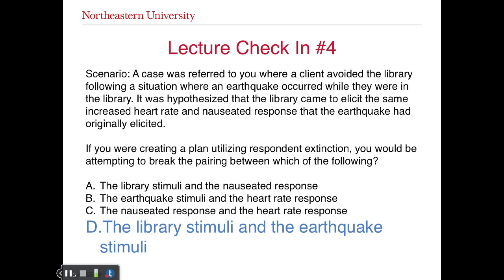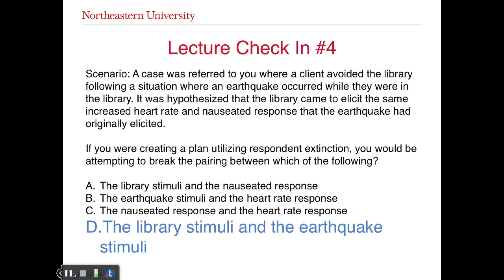So thinking about it, if you were looking at letter A, if you depaired the library stimuli and the earthquake stimuli, that nauseated response would be way less likely to happen. So A would be taken care of. So that's why it's important.